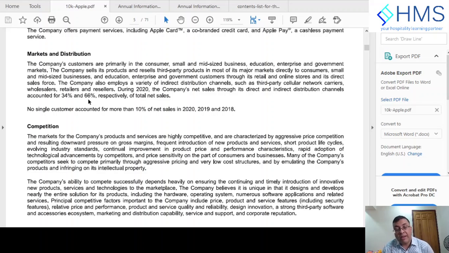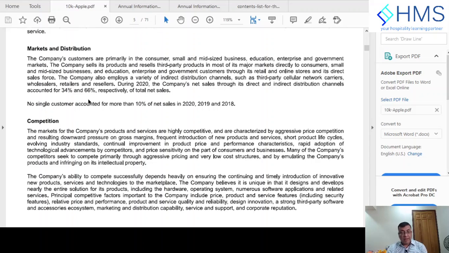So it means Apple is selling 34% of its products directly, and 66%, meaning two-thirds, are indirect, through maybe the stores, through maybe the telecom operators, through maybe some other ways. So they are not giving the distribution channels, but it's pretty important to understand what their distribution channels are and how much revenue is coming from them. So that is happening here.